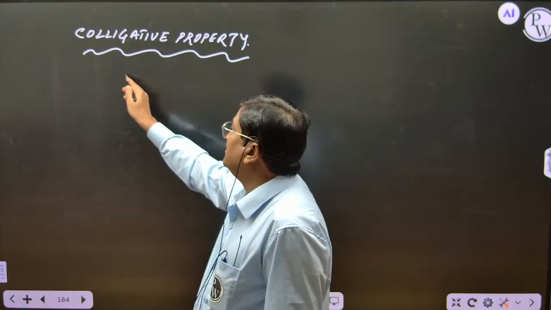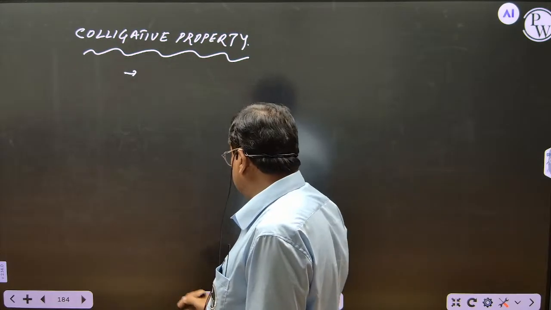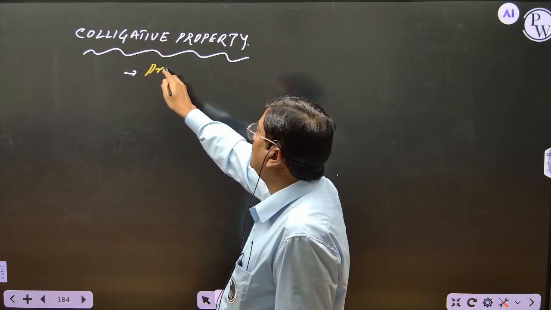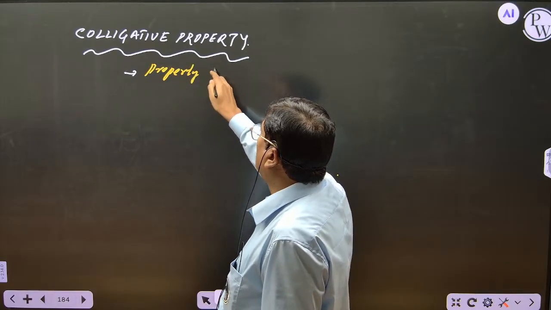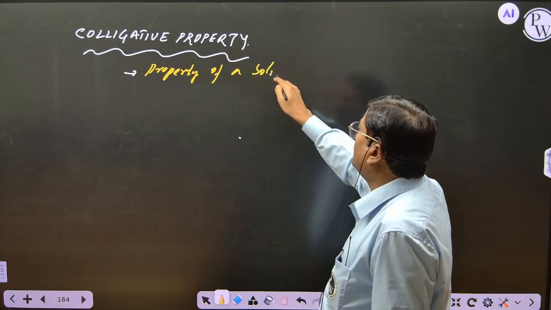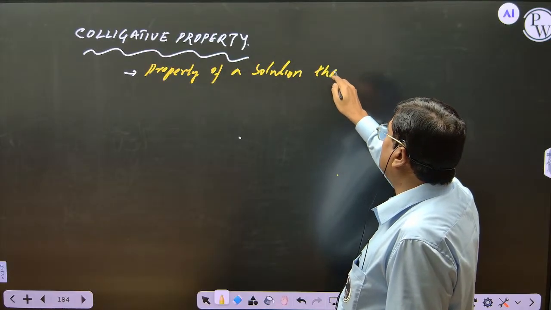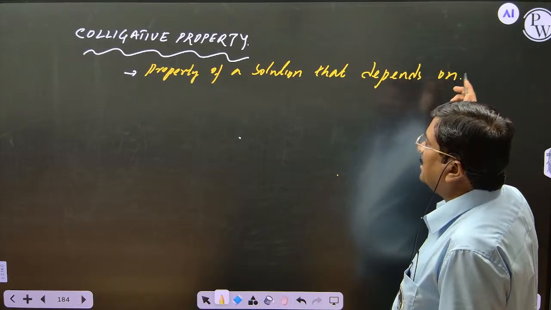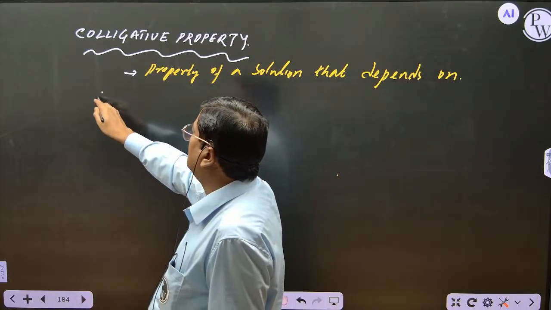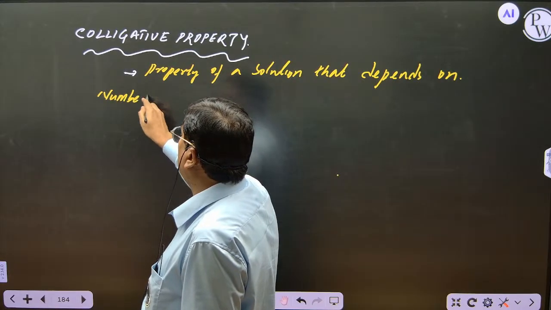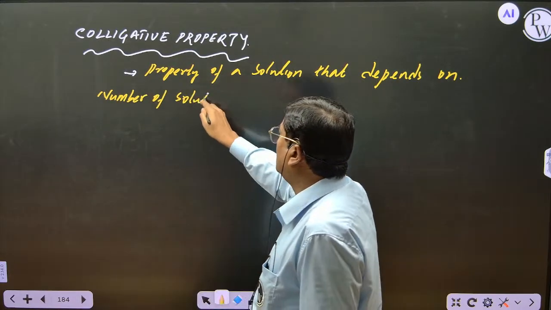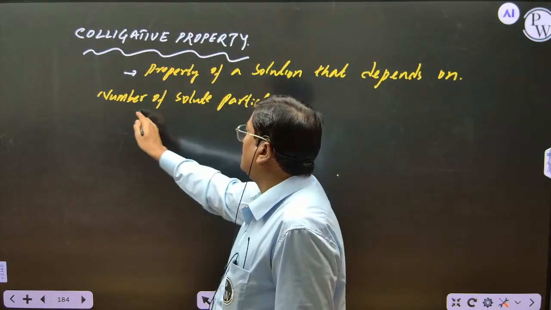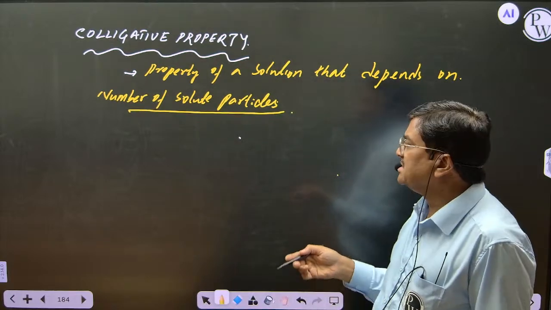So write the statement, the definition for colligative property: property of a solution that depends on the number of solute particles, but not on what? Nature of the solute.